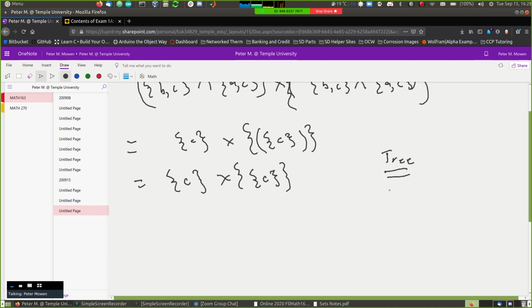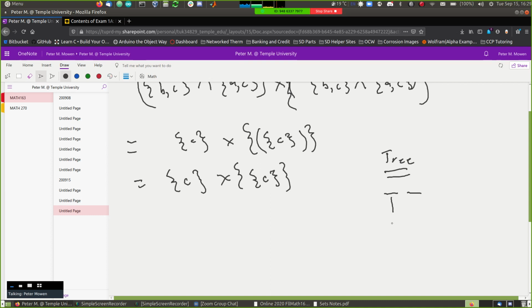And then how many blanks are in this tree? Yes, two blanks. How many things can go in this first blank? Yeah, just one.